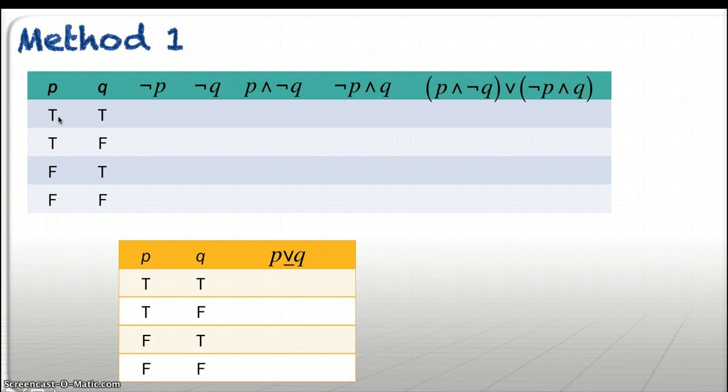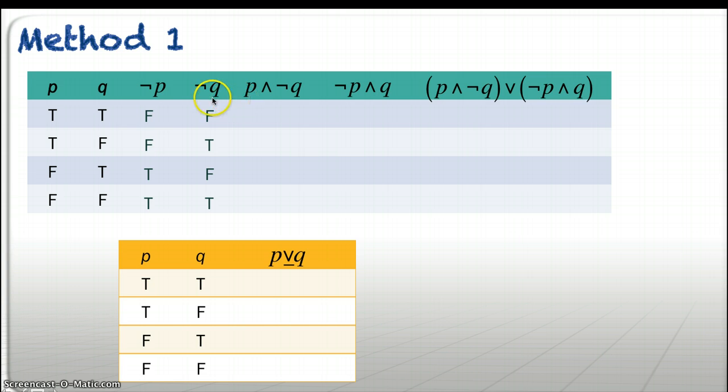Starting from the first one, you'll have false. The second one is true, so it's false. The third one is true. The last one is true. Then the fourth column, let's negate proposition Q. Starting from true, you'll have false. Then you'll have true, and then false, true.